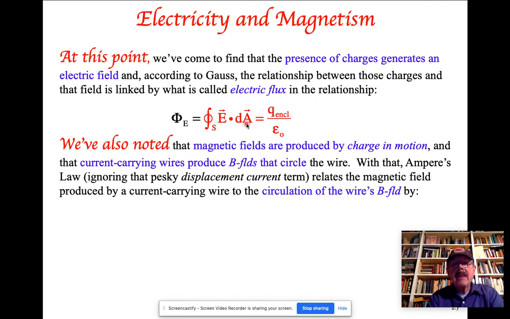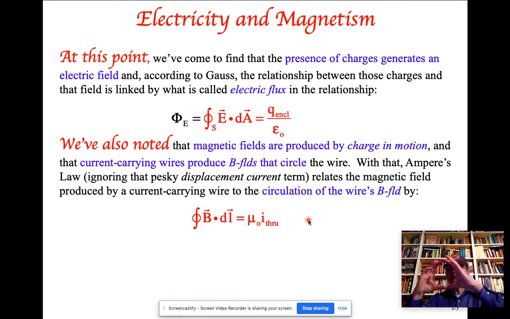We then got into magnetism, and you ran into Ampere's law. And Ampere's law effectively said that if you have a bounded path in space, the circulation of the magnetic field in the region around that path was going to end up being proportional to the amount of current that passed through the face of that path.